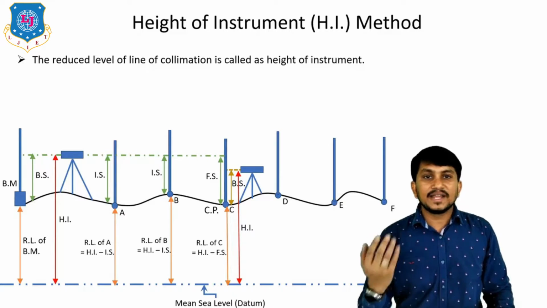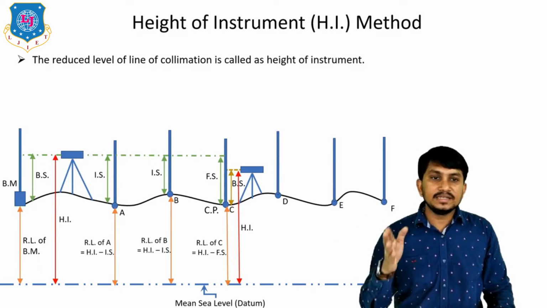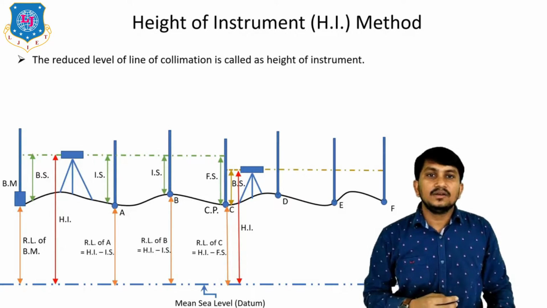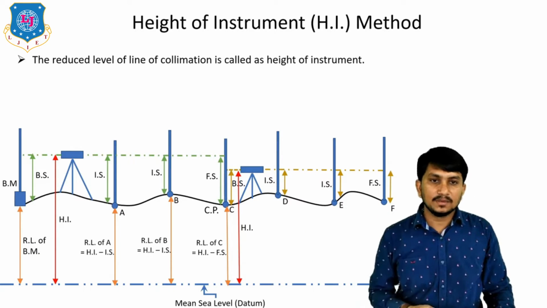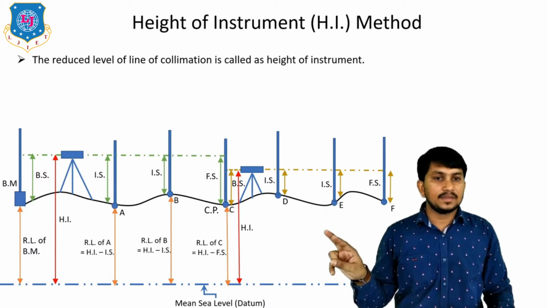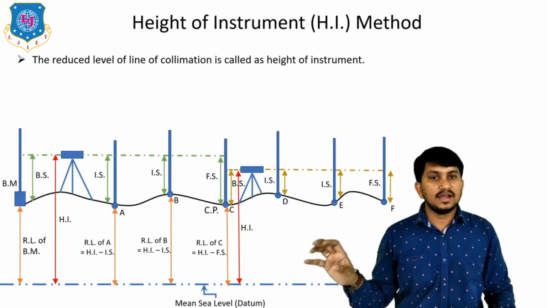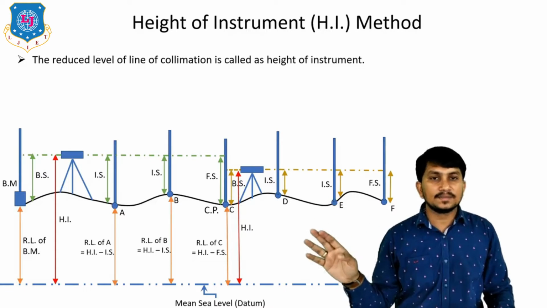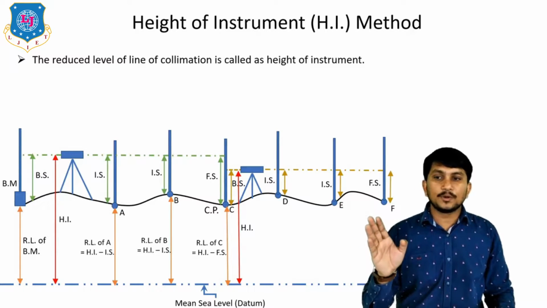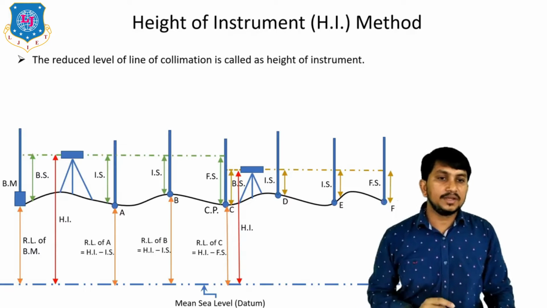After that, we can take the readings at D, E and F. We name these readings IS, IS and FS, because D and E are intermediate stations and the readings taken at intermediate stations are called intermediate staff readings, IS. The reading taken at the last point is called FS.